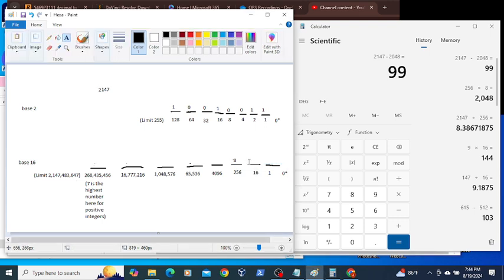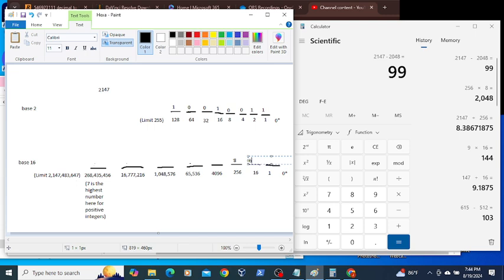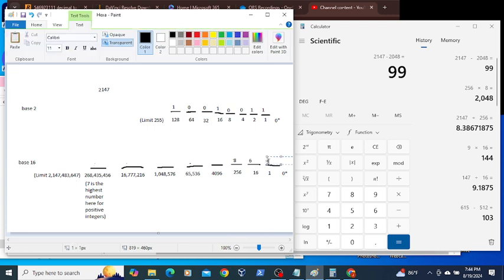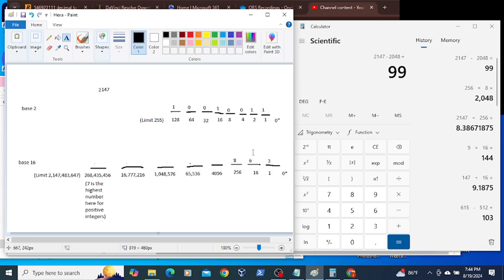Makes 96, which, again, leaves 3. So 2,147 definitely can't be expressed in binary, but in hexadecimal, that is 863. 00000863, really.